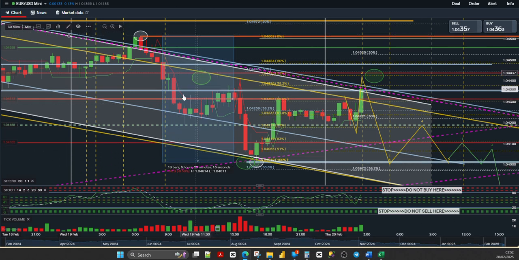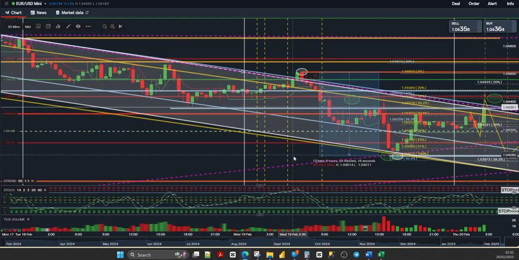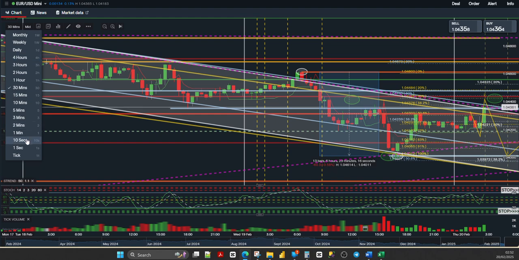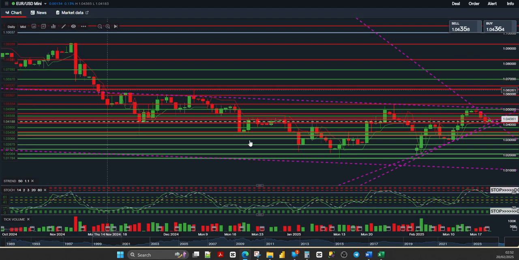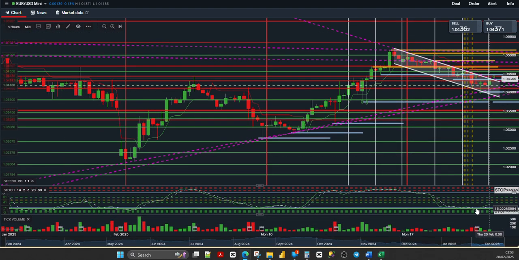So overall for the week, what do we say? We say in the 4 hours, we're looking upward, and for the immediate term, on the 30 minutes, we have a sell. On the 4 hours, looking upward for the day. You can see it here. Daily is down, but for the 4 hours, it's looking upward.